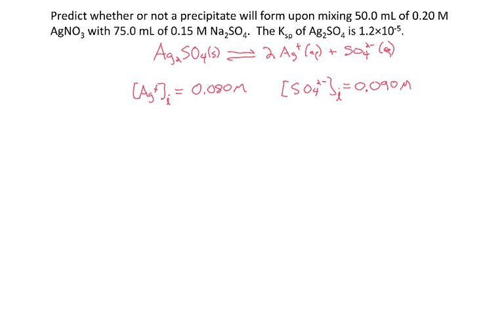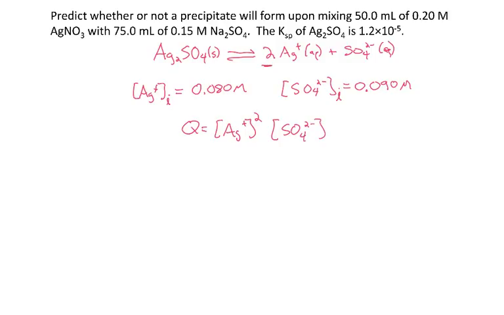Remember, the equation for Q is the same as the equation for K. It's just that when I have a Q, I'm using the initial concentrations. So my Q is equal to the concentration of silver squared, because of the 2 in the balanced chemical equation, times the concentration of sulfate to the first power.